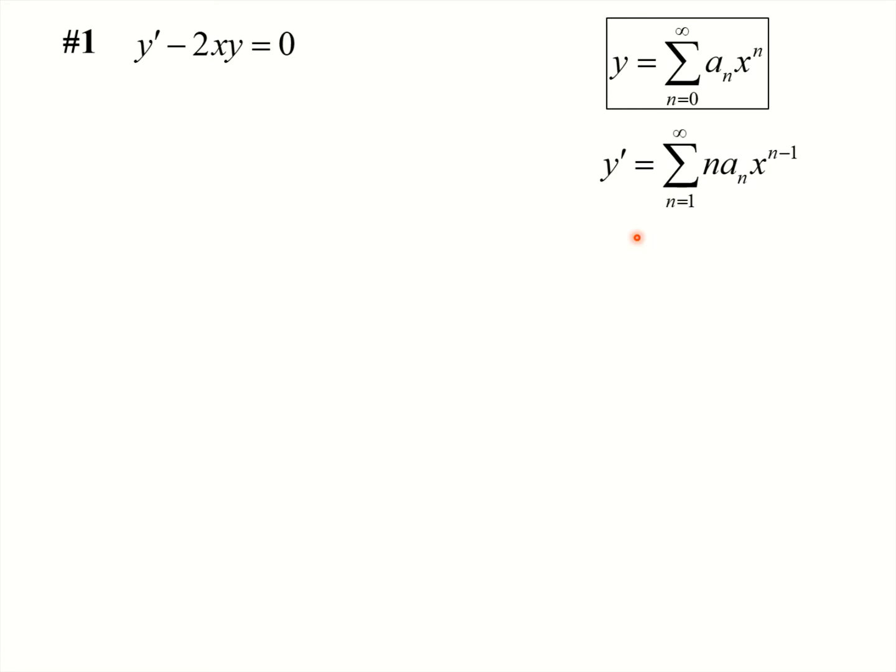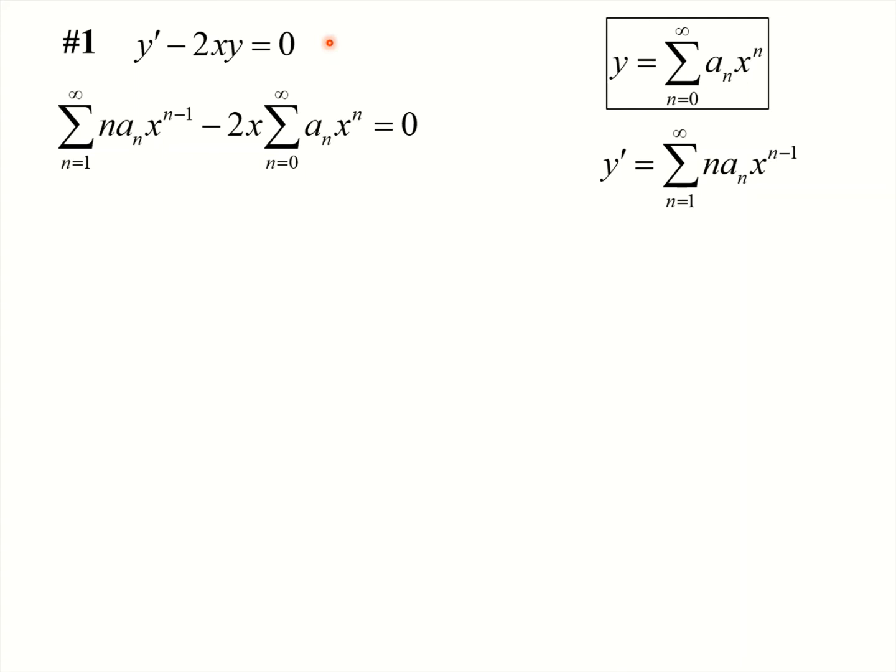Now I'm ready to plug these into this differential equation. Everywhere there's a y prime and a y, they're going to get replaced, and this differential equation is going to get a little bit more complicated. So there it is. It wasn't anything big. I just plugged those in there.